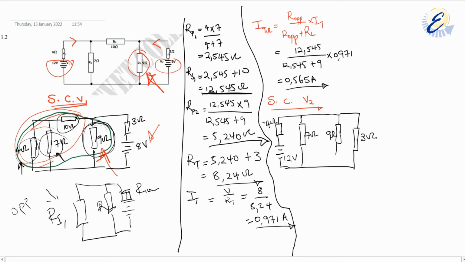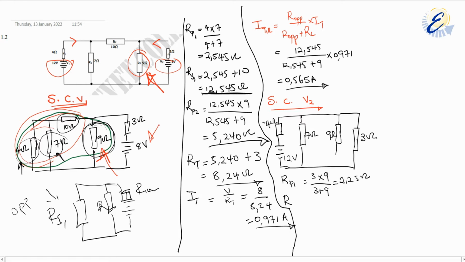So first things first, RP1. RP1 is going to be 3 multiplied by 9, over 3 plus 9. This would give us 2.25 ohms.